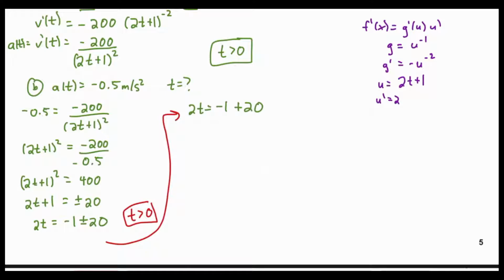I could have carried the plus or minus through, but I wanted to make my life easy as soon as possible. We're going to have t equals -1/2 plus 20/2. So I divided each side of the equation by 2. t equals -1/2 plus 10. t equals 9.5, or t equals 19/2.